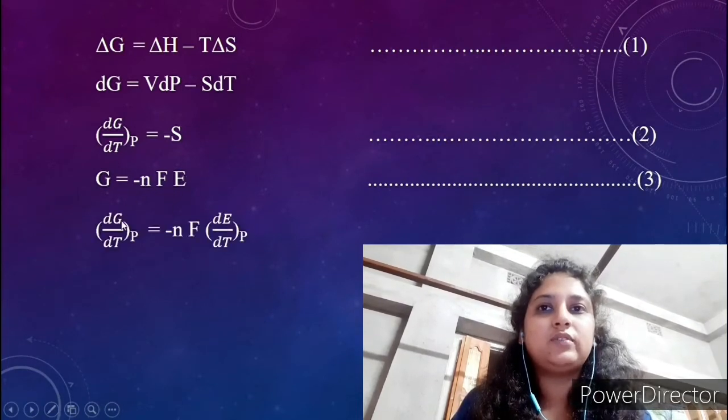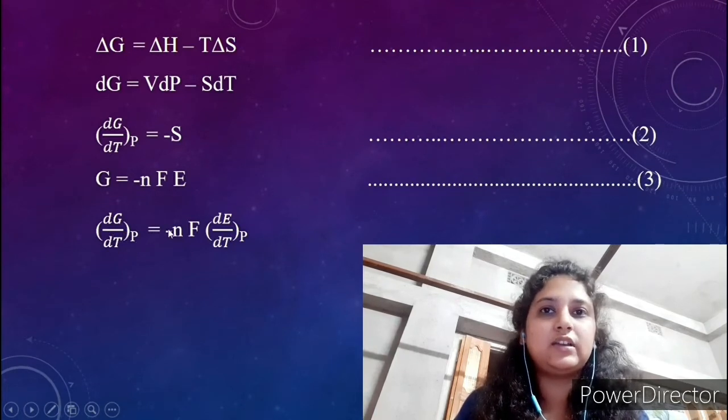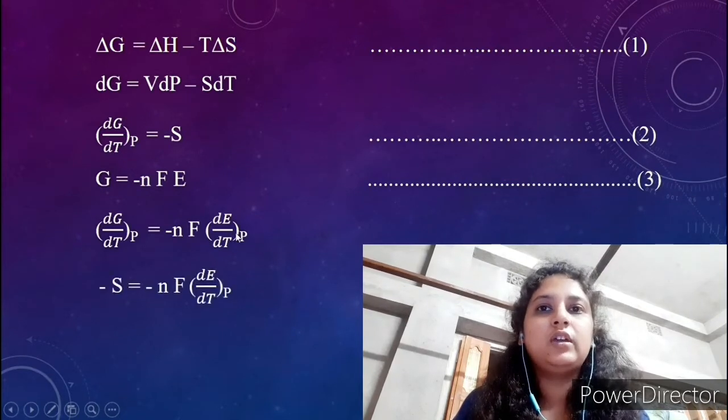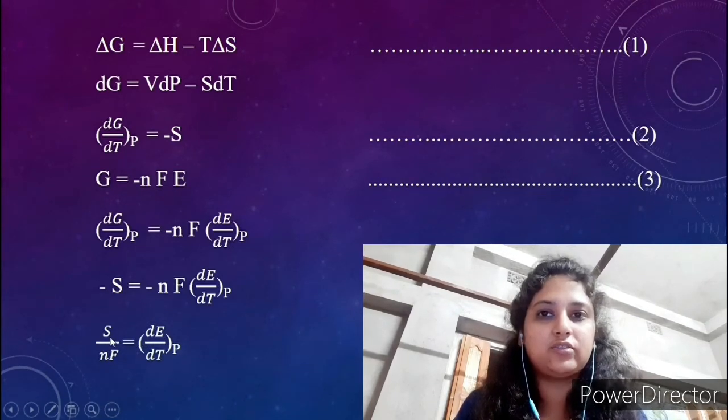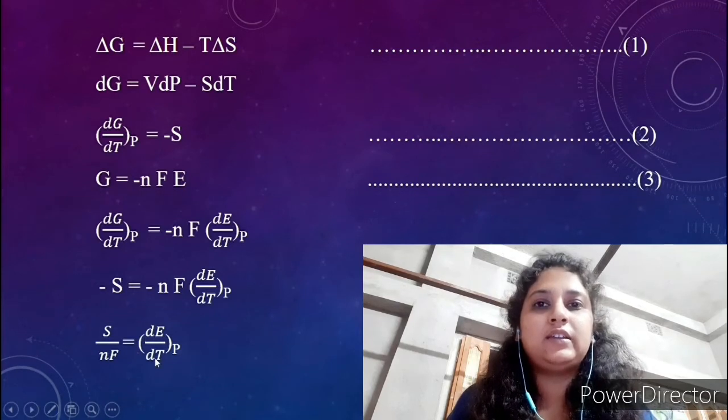From that equation you can get (dG/dT) at constant P is equal to minus nF (del E/del T) at constant P. From equation 2, (dG/dT) at constant P is equal to minus S, so you can replace this term by minus S. Then minus S is equal to minus nF (del E/del T) at constant P, so the equation for S, that is entropy, is S equal to nF (del E/del T) at constant P.